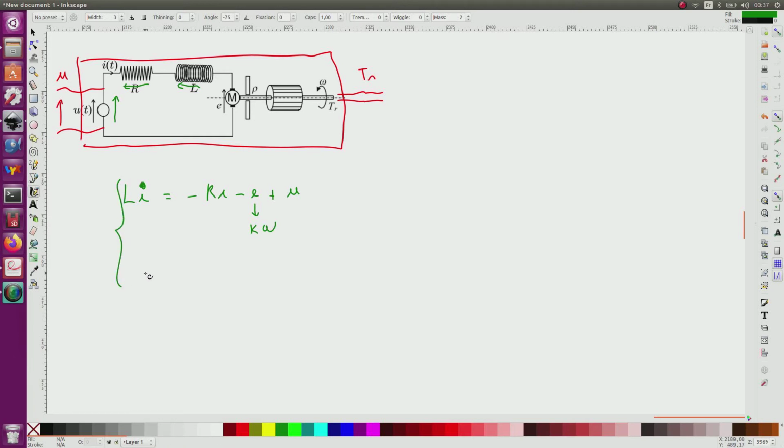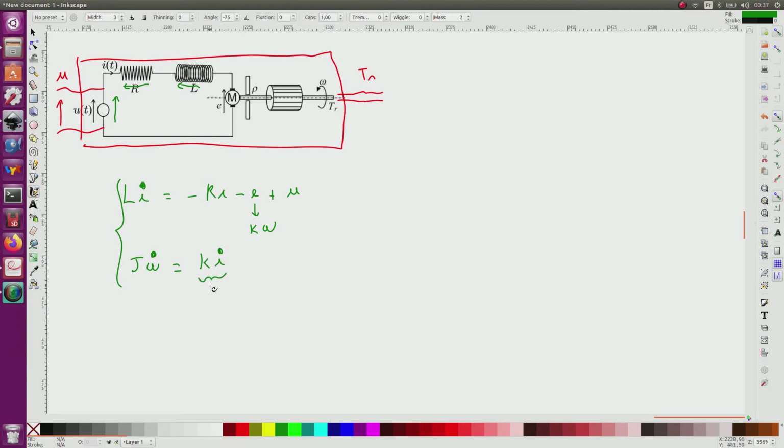Okay. Now from the mechanical part, I obtain the Newton law, which tells me that J, the inertia, times the derivative of the rotation rate is equal to, since it is an electric motor, kappa multiplied by I, which corresponds to the torque at this level.